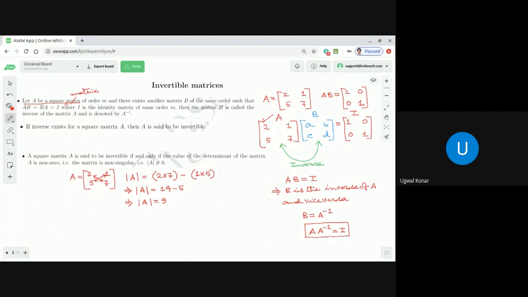Second thing is that if the matrix is a square matrix, then go for the second condition check, that is whether the determinant of that matrix is 0 or not. If the determinant is 0, then you can say the matrix is not invertible, that its inverse doesn't exist. But if the value of the determinant is non-zero, you can say yes, the inverse of that matrix exists.